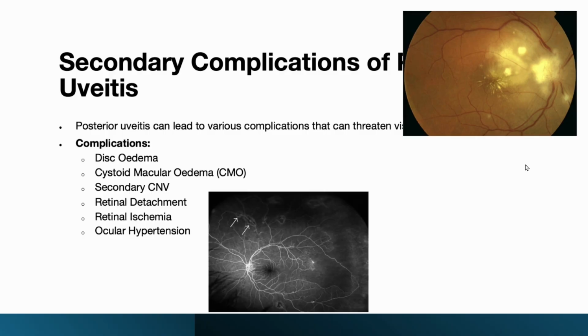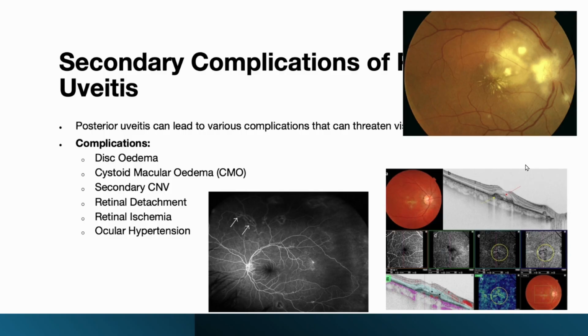This fluorescein angiogram shows peripheral non-perfusion with a small area of hypofluorescence corresponding to chorioretinal lesions along the retinal blood vessels. And finally, this OCT angiography scan demonstrates a secondary CNV in a patient with chorioretinopathy.